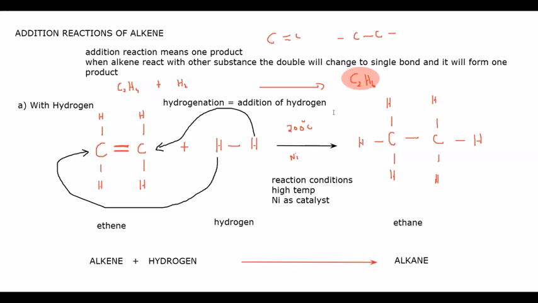And in terms of hydrogen, there is another definition for oxidation. In terms of oxygen, addition of oxygen is called oxidation. Removal of oxygen is called reduction. And in terms of hydrogen, addition of hydrogen is called reduction, and removal of hydrogen is called oxidation.